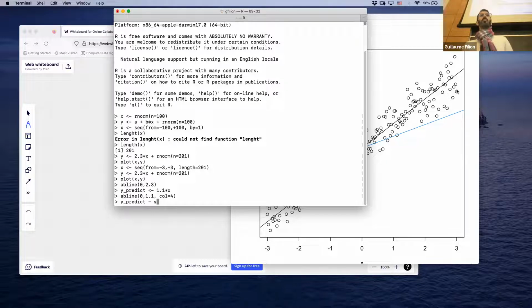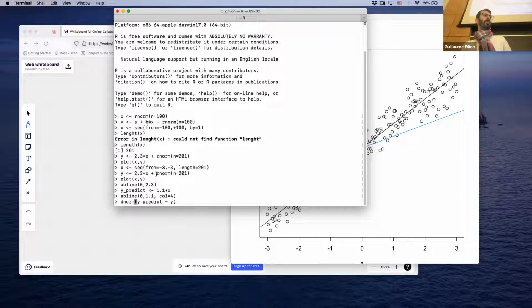These are all the vertical differences between the data points and the blue curve. And there are 201 of them. I'm plugging this into a dnorm. And that's really the likelihood of the observations.